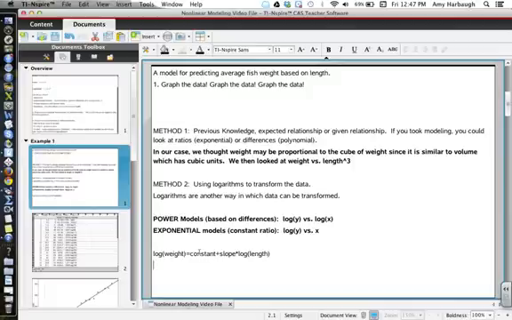What I did on the calculator page was I got an estimate for the log of weight, and it was 1.6 something, right?